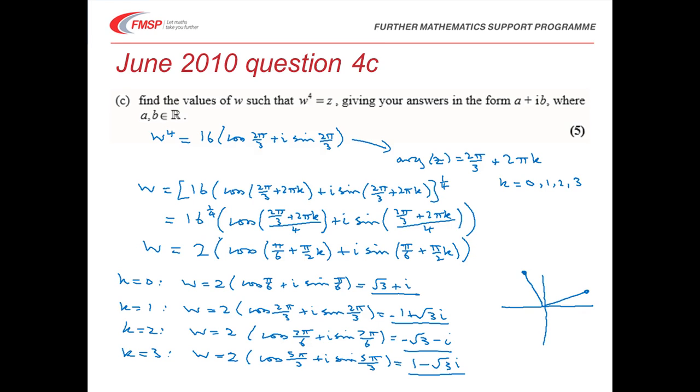When k is 2, I get another solution which is another pi by 2 ahead. And when k is 3, I get the solution there. And you can see that the roots form, in this case, a square centred on the origin.